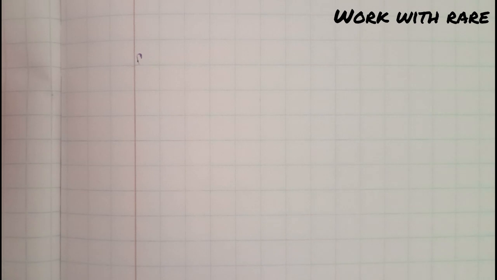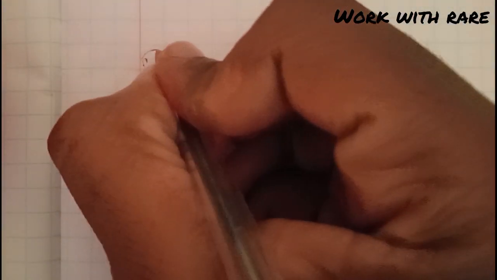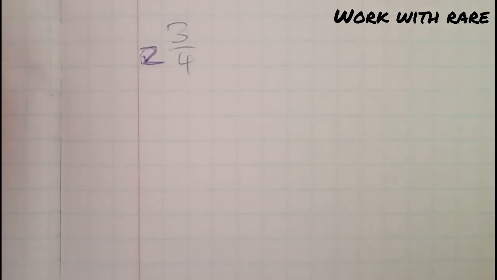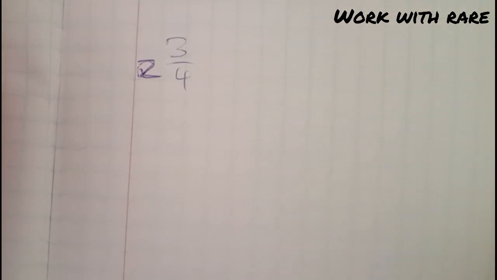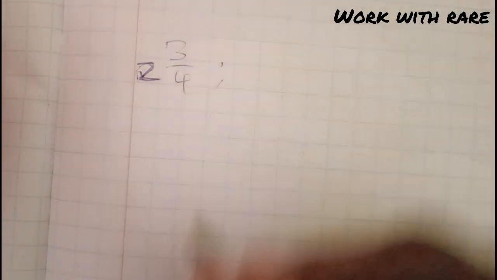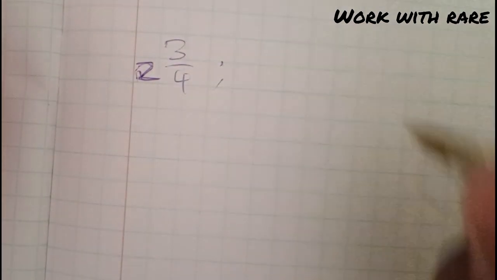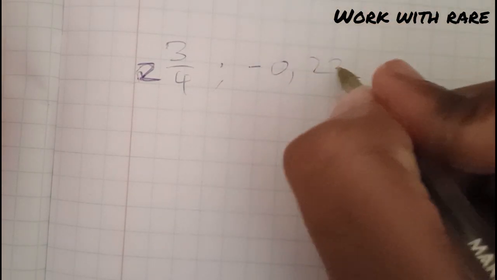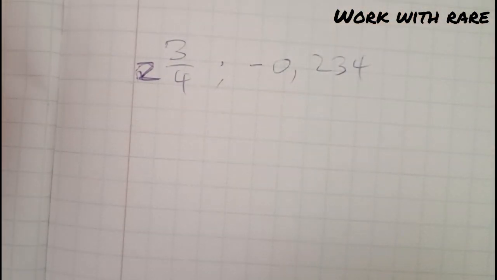First number, it's a mixed fraction. It's 2 3/4. You see, it's 2 3/4. The first number. The second number is negative 0,234.